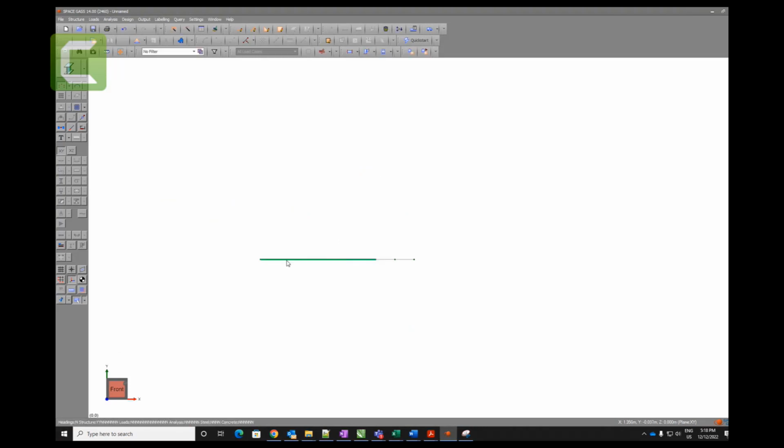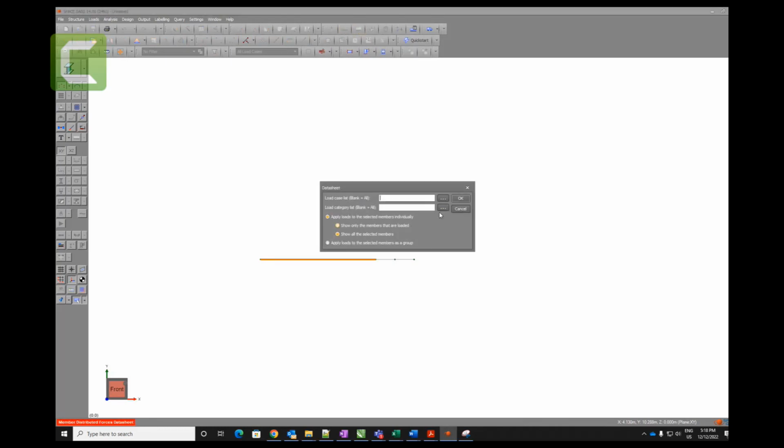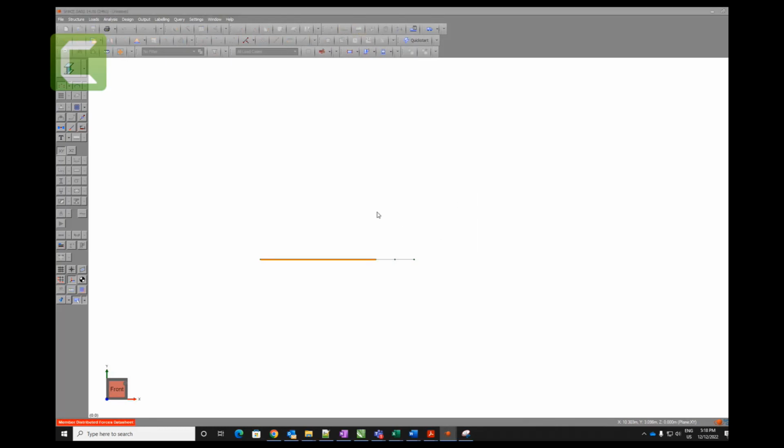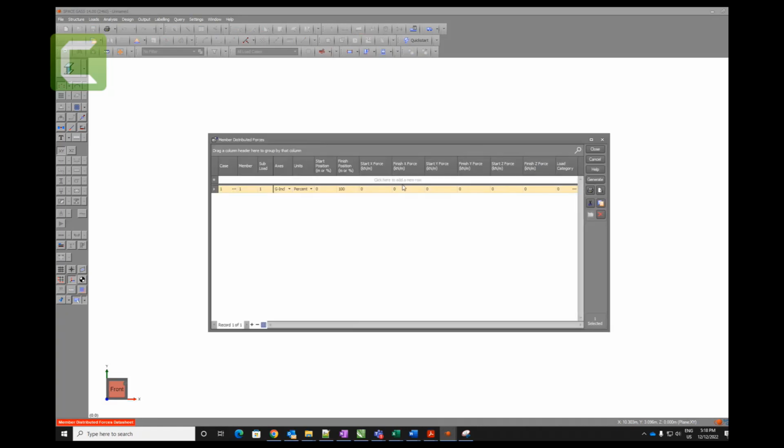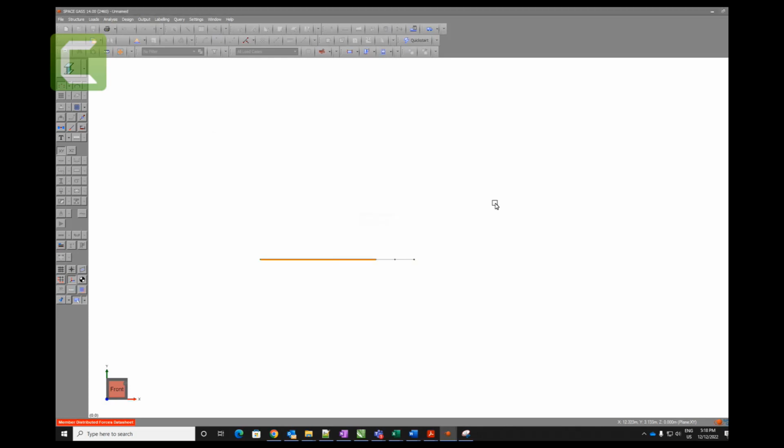So in here, instead of nodal loads, we can use these ones and hit OK. And in here, Y direction, start positions, -32 and -32. Hit OK.